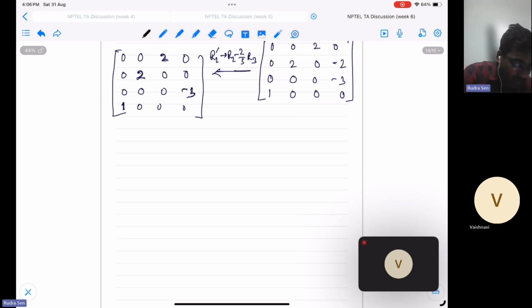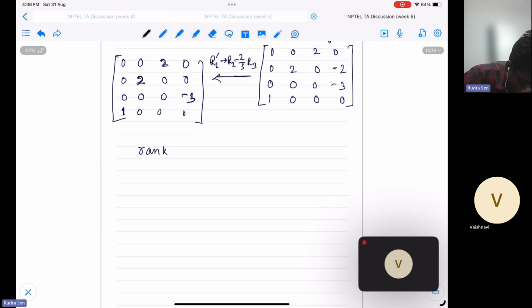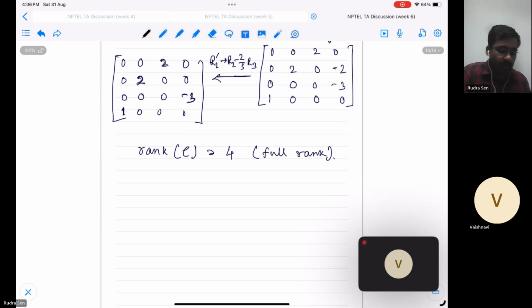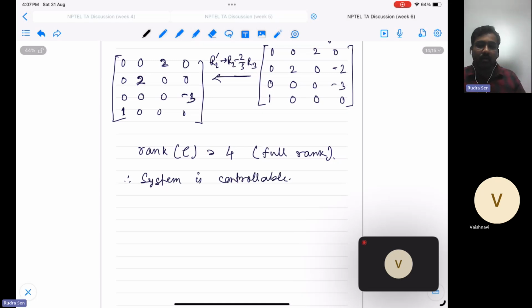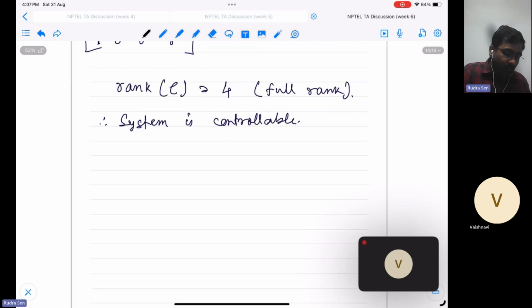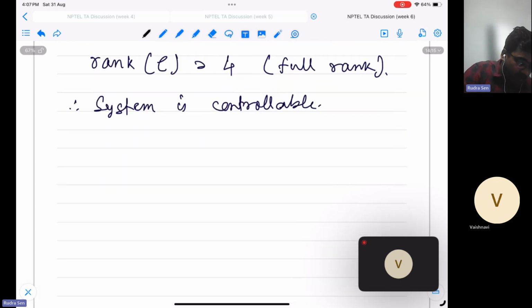So the rank of C is 4, which means full rank. That means the system is controllable.